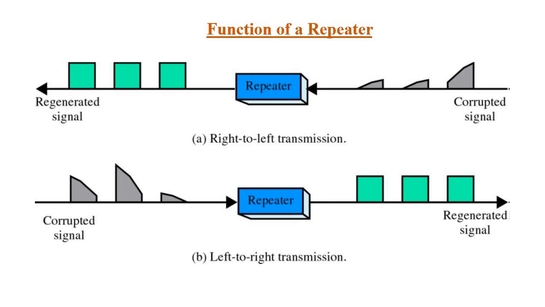The corrupted signal is strengthened and then transmitted to the destination. Likewise, the signal is transmitted from left to right. The corrupted signal is sent through the repeater, which strengthens the signal, transmits it, and it is delivered to the destination.